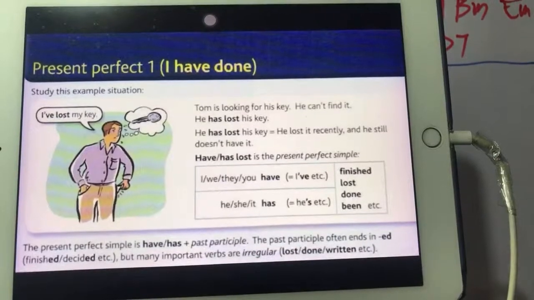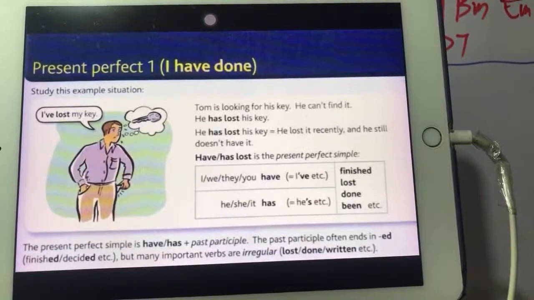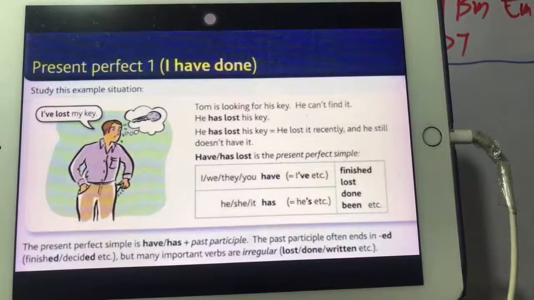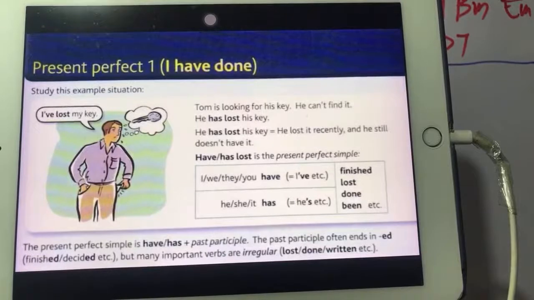Mizuki, will you please read? Study this example situation.